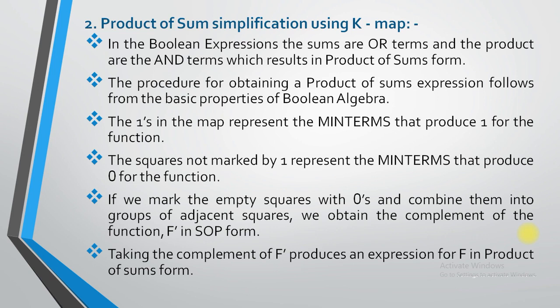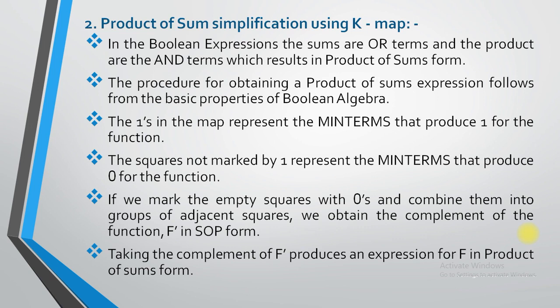Let me read out this slide. Whatever I have explained is within this slide, so let me read it one time. In Boolean expressions, the sums are OR terms and products are AND terms, which results in product of sum forms.